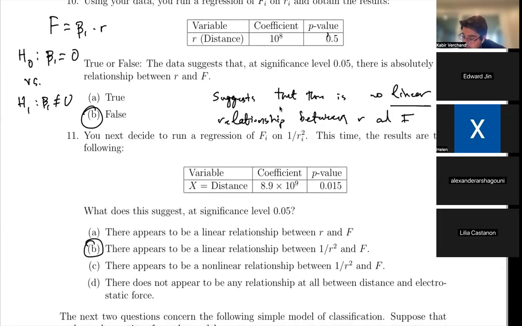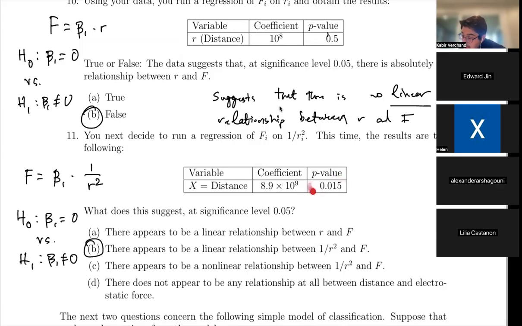In question 11, now you're trying to fit a model of the form beta 1 times 1 over R squared, because here you've transformed your variable from R to 1 over R squared. And now you're trying to test the same thing here.